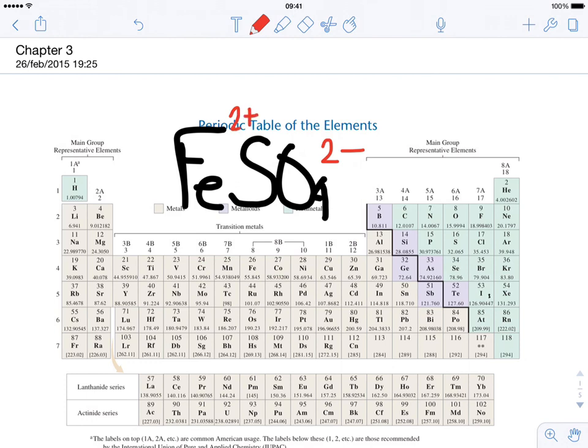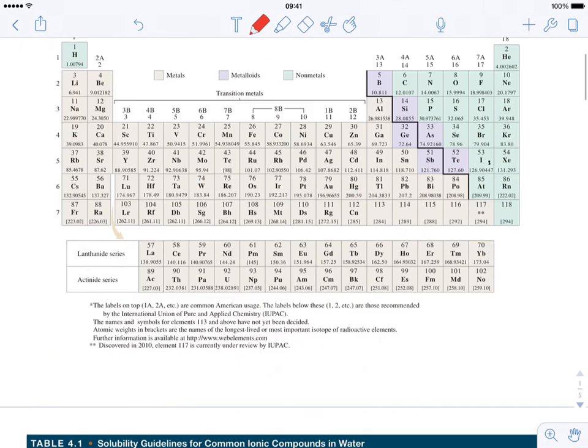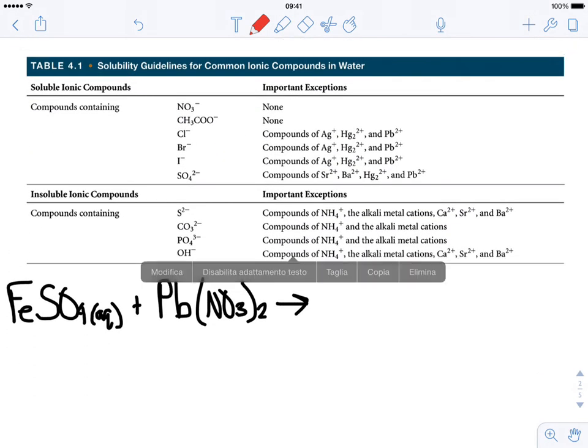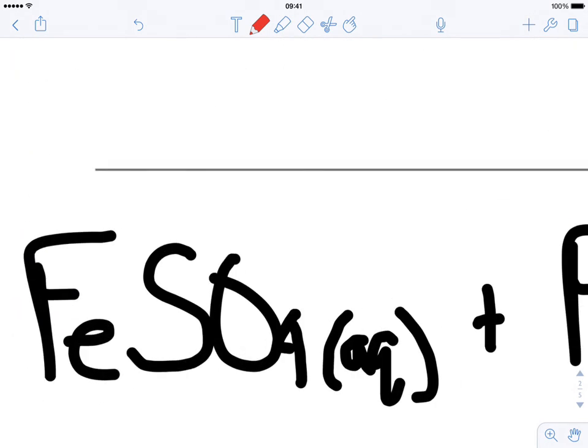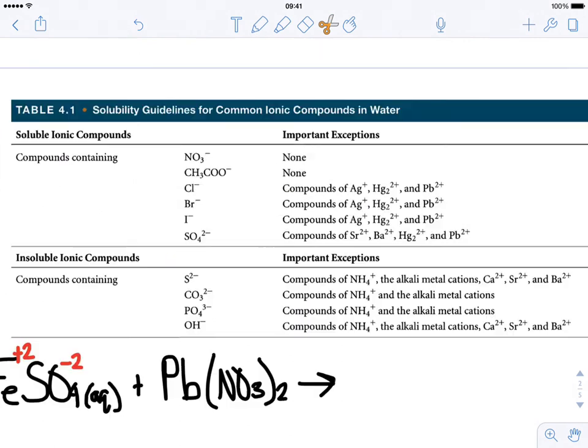So now +2 and -2 cancel out, and the whole thing has an overall charge of 0. So we'll go back to our reaction and we'll write that in. So we have said iron was +2 and sulfate was -2. Okay, now let's take a look at lead and nitrate.